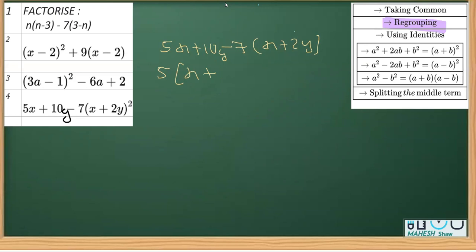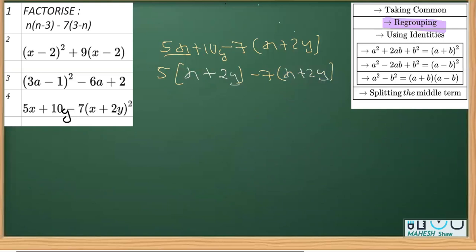Right. Now, after taking 5 common, dividing by 5 will be x, and dividing 10y by 5 will get 2y. And let the other part of this sum be copied as it is. Now you need to check here again that x + 2y is common, so x + 2y can be taken out as common.